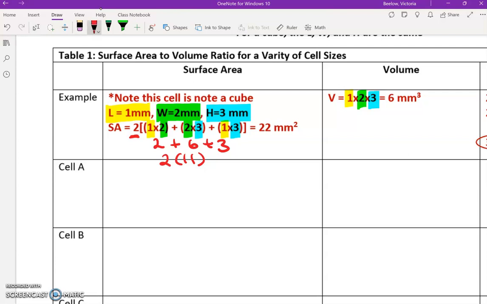So for cell A, again, if we're finding the surface area, we're going to do 2 times. Now, again, our length, width, and height for all of these is going to be the same. So 0.5 times 0.5, plus 0.5 times 0.5, plus 0.5 times 0.5.